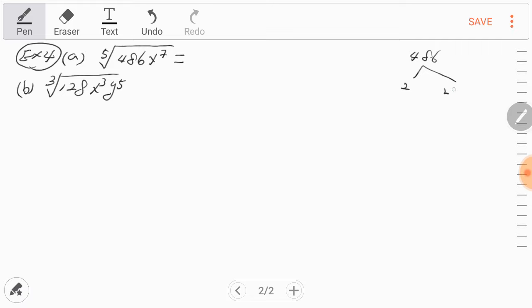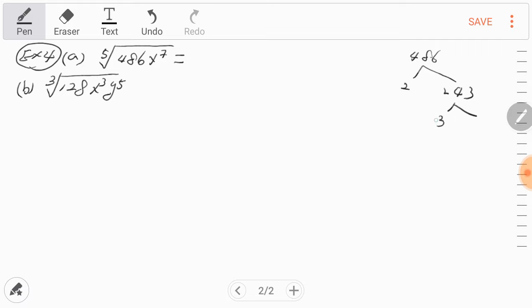Then 243, and this is divisible by 3, right? How do we know if this is divisible by 3? Add each digit: 2, 4, 3. If the sum is divisible by 3, then the whole number is divisible by 3. So 2 plus 4 is 6, 6 plus 3 is 9, and 9 is divisible by 3. So this is definitely divisible by 3.